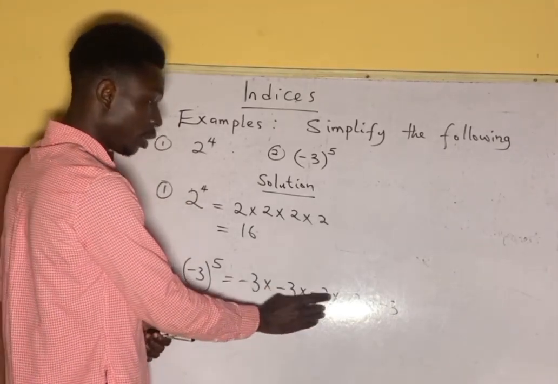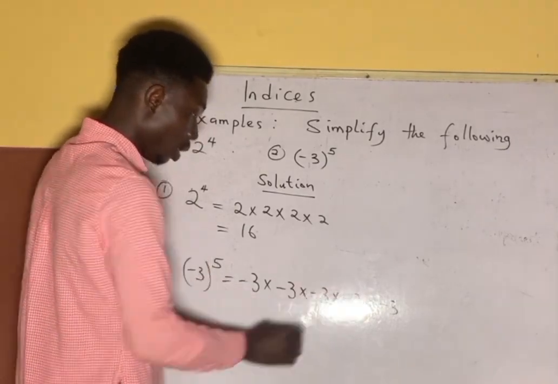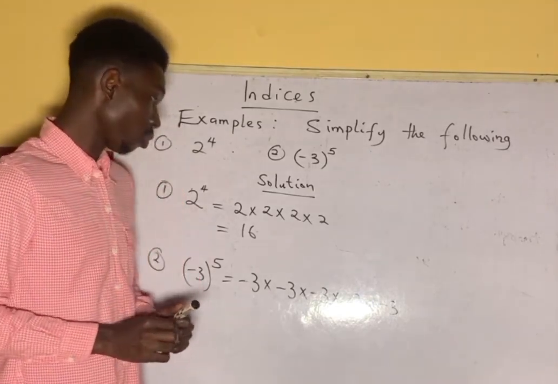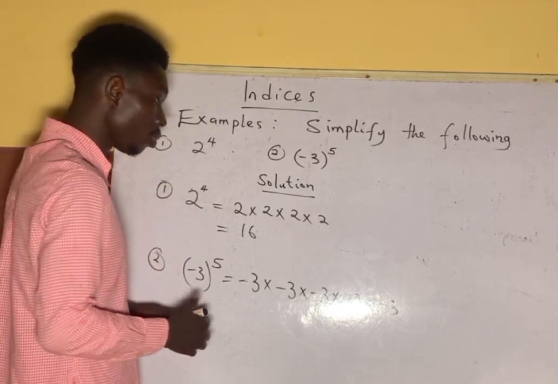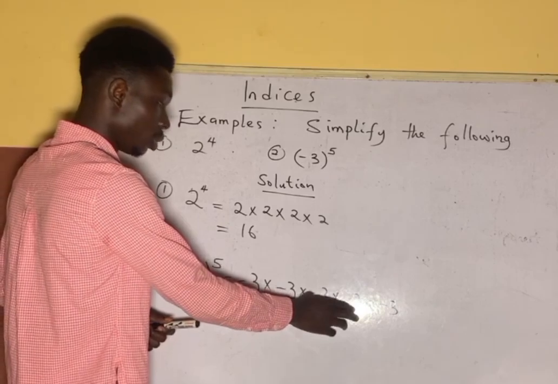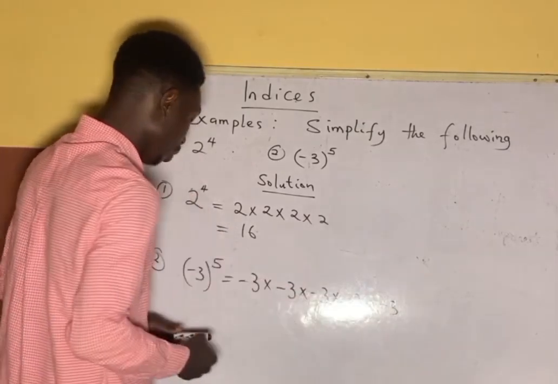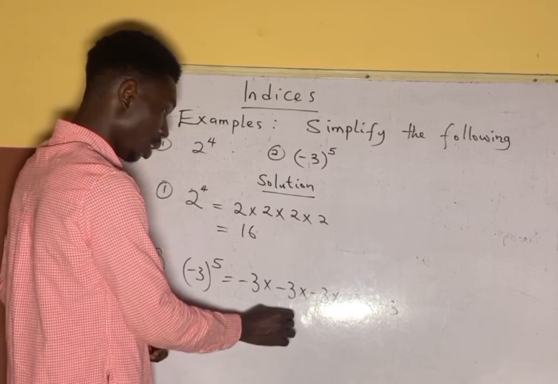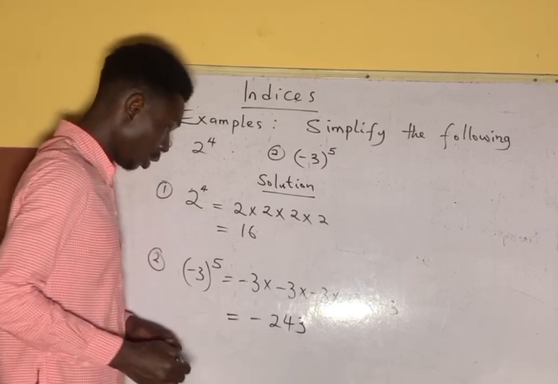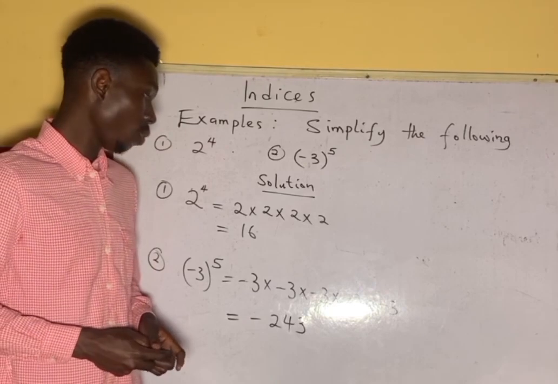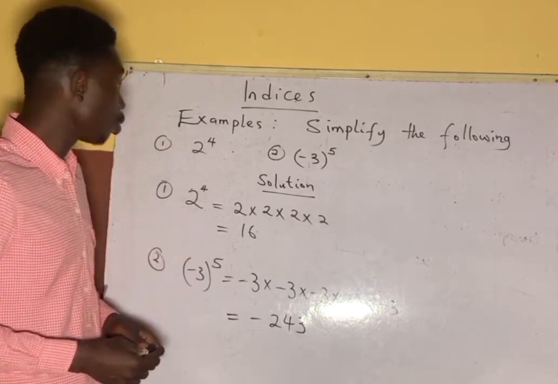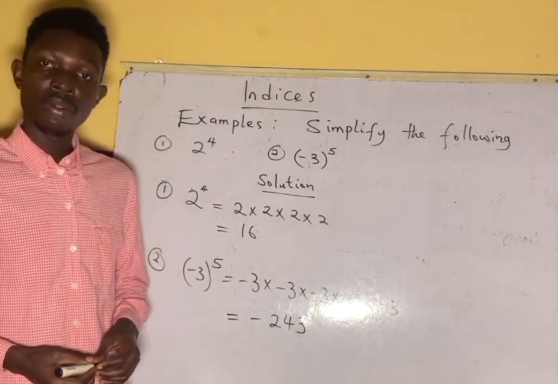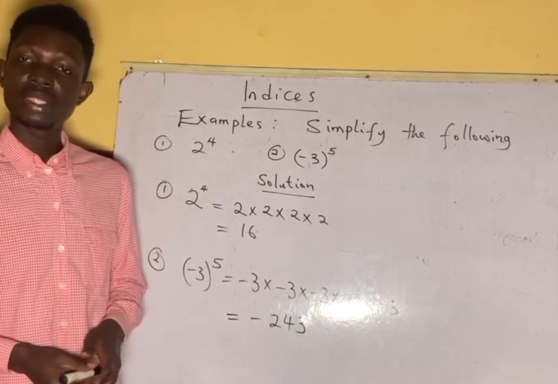And then minus 27 times minus 3 gives us 81. And then 81 times minus 3 gives us minus 243. So that is how you simplify numbers in index form. I believe that is taken.